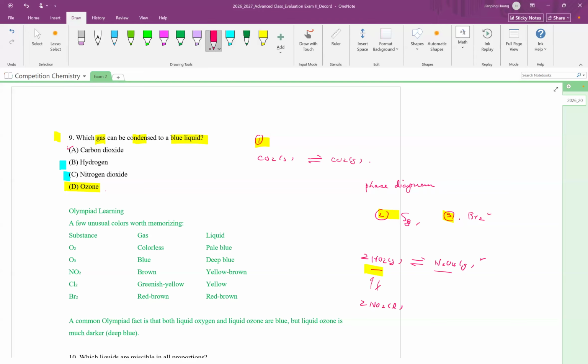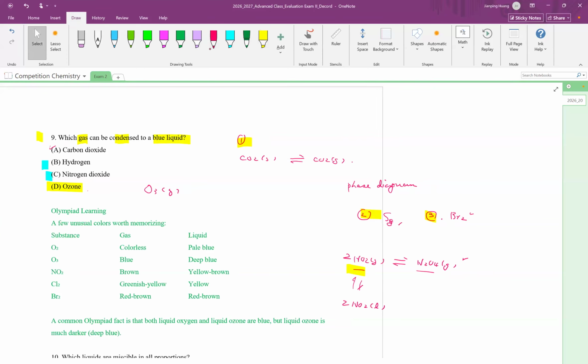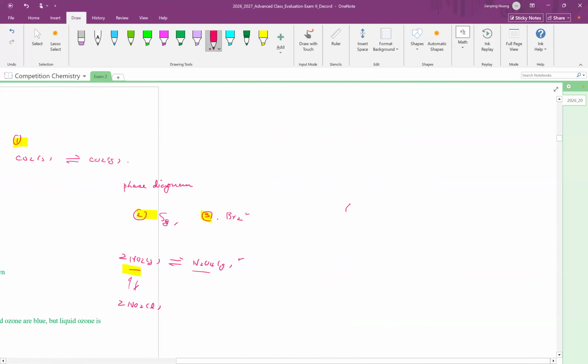Even as a gas, it has some color, a light blue. See, this one is light blue. Now it becomes liquid. That's a deep blue. That makes sense, concentration, right? And you know ozone, right? What's a common application of ozone?